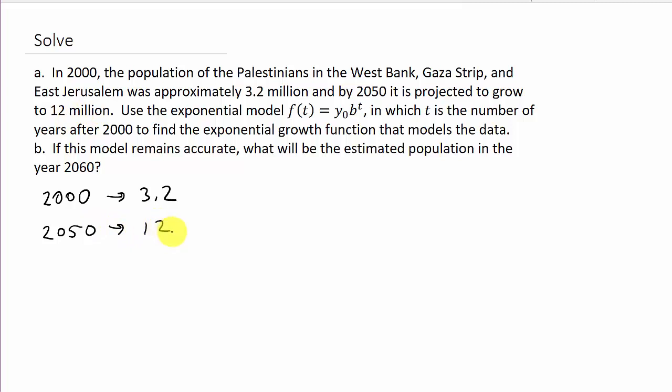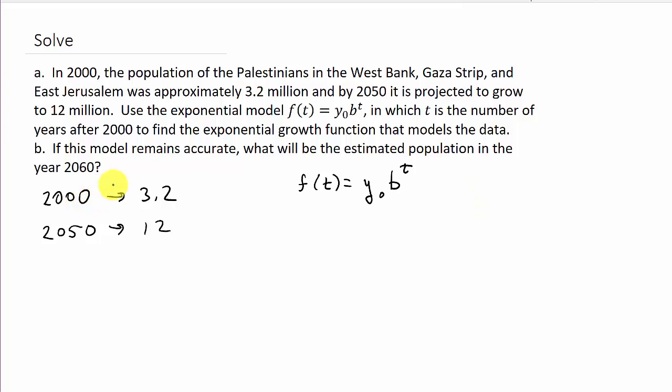So we have to come up with a function f of t equals y naught b to the t. Now what we've got to do is find values for y naught and b, and the only variable we will have is t.